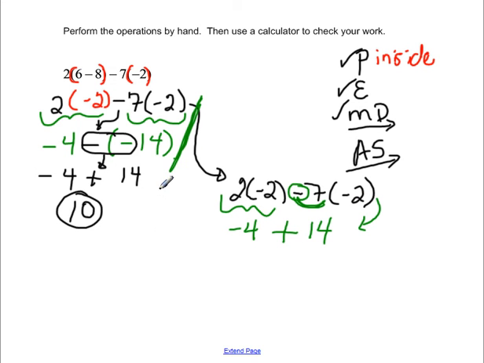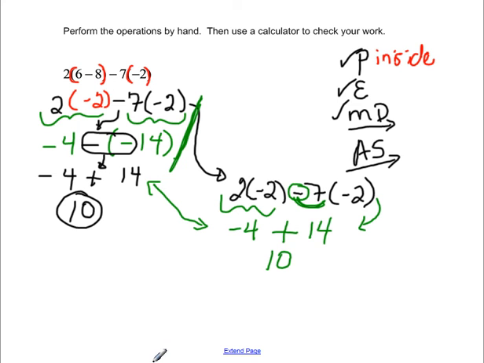Both of these methods give me the same step, right? But this one just saves me a step along the way. And this idea of thinking of the negative sign holding on to the digit that follows it is going to be really helpful for us in the future. So you want to start playing around with that idea. Now negative 4 plus 14, as we saw before, is 10.